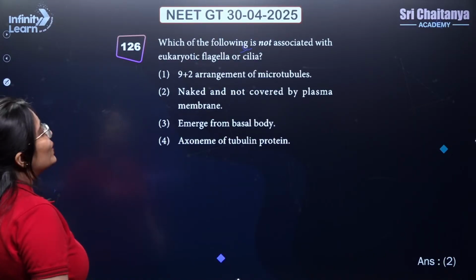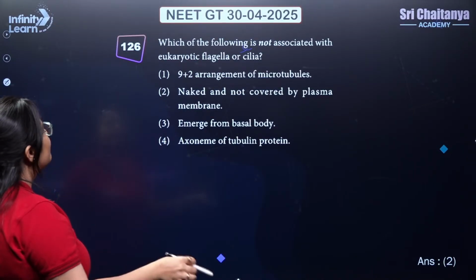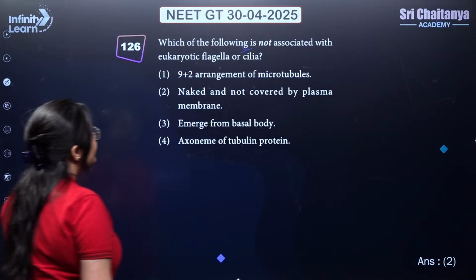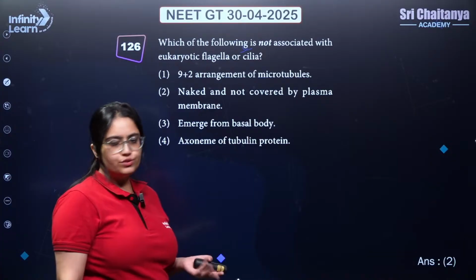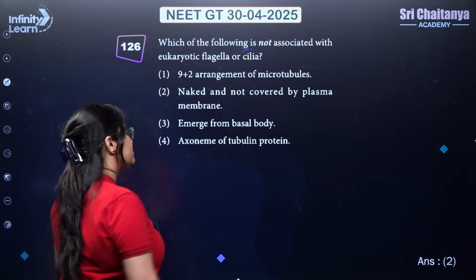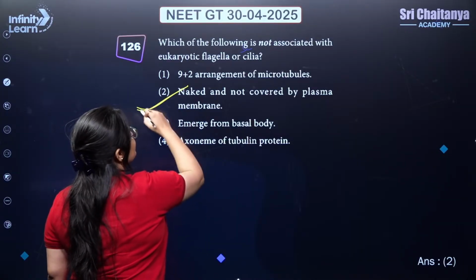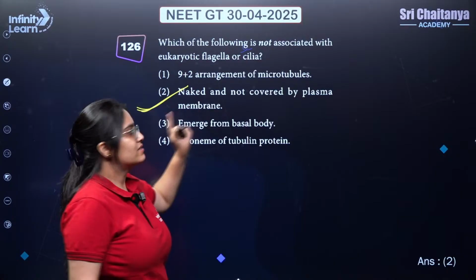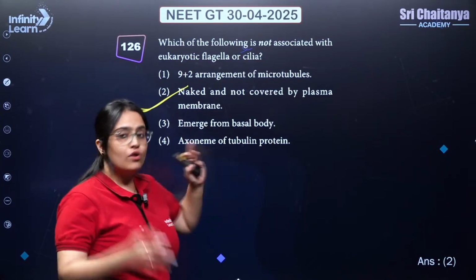Which of the following is not associated with eukaryotic flagella or cilia? 9+2 arrangement of microtubules, correct. Naked and not covered by plasma membrane, this is the correct answer for this question because this is an incorrect statement. Emerge from basal body, correct.